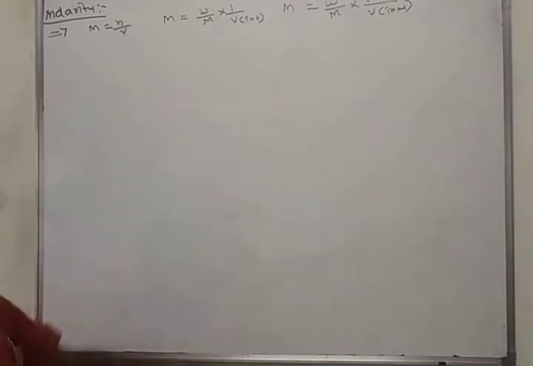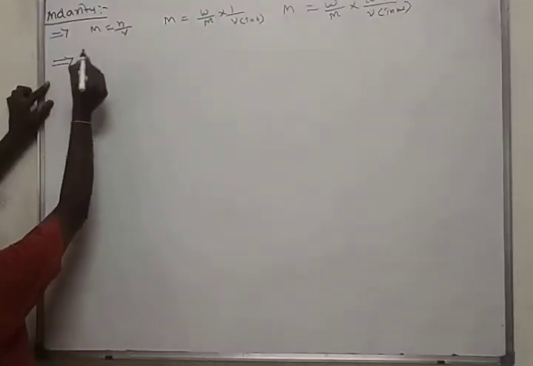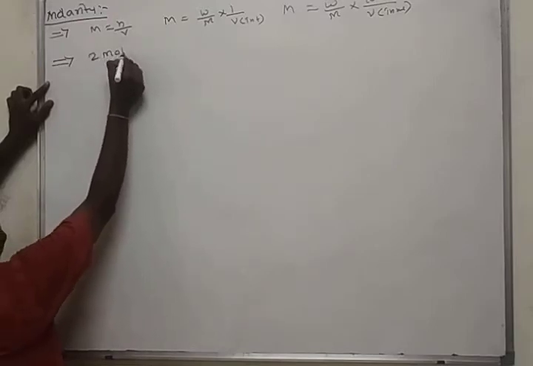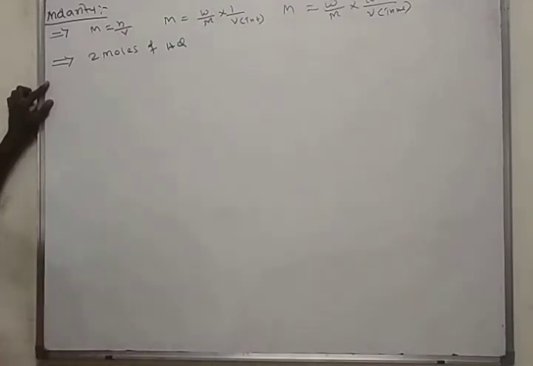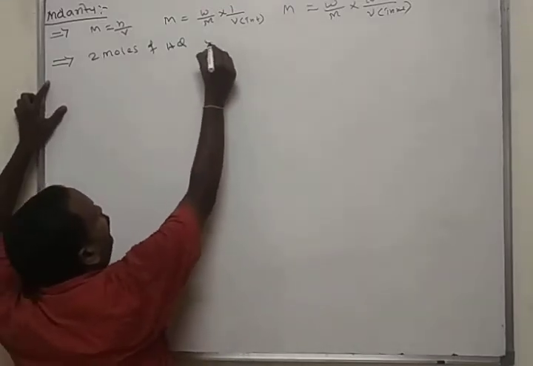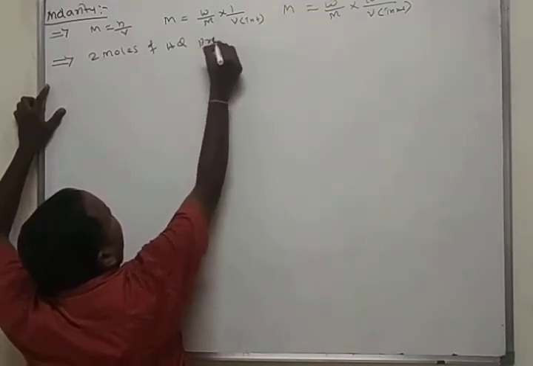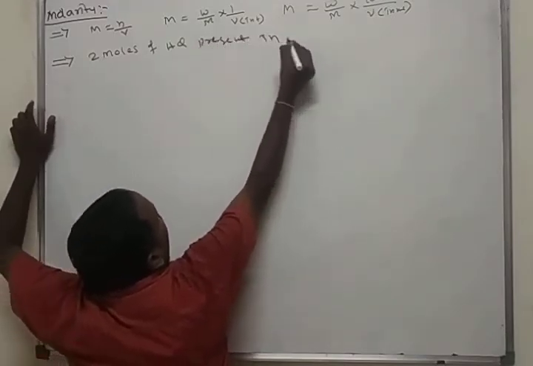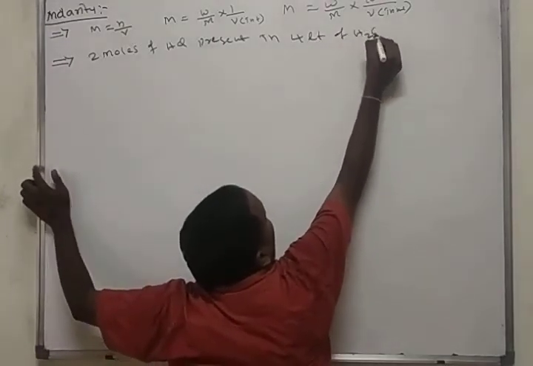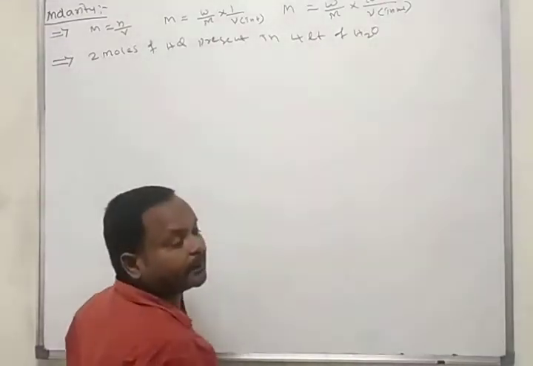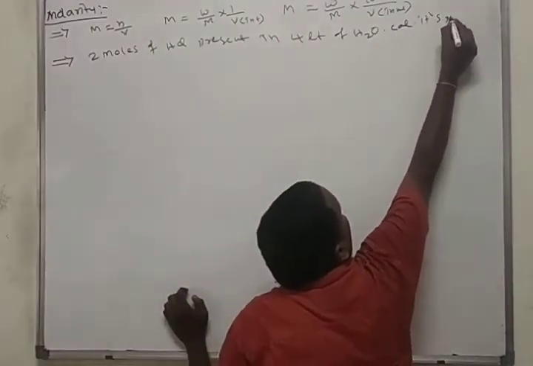So we'll see. 2 moles of hydrochloric acid are present in 4 liters of water.